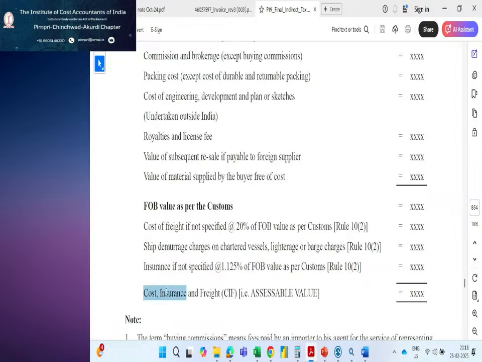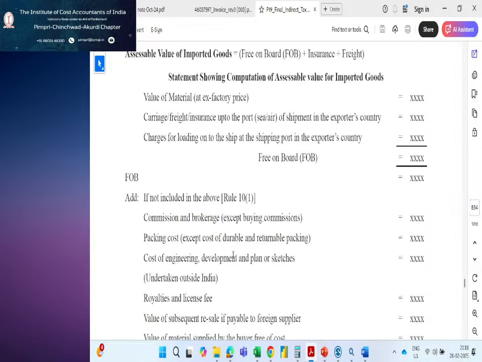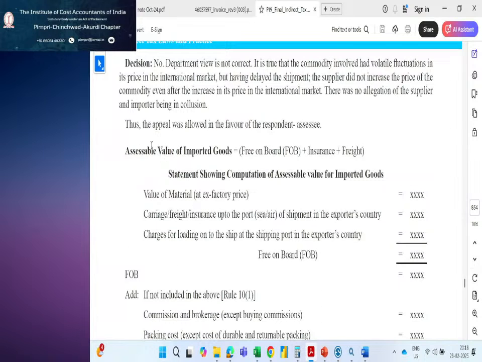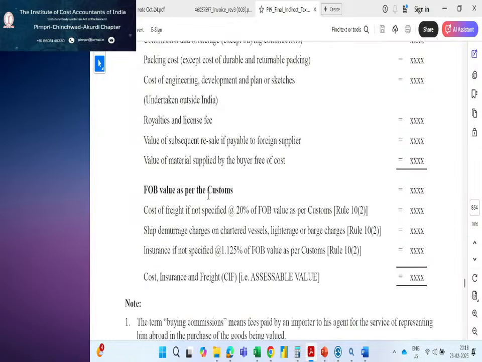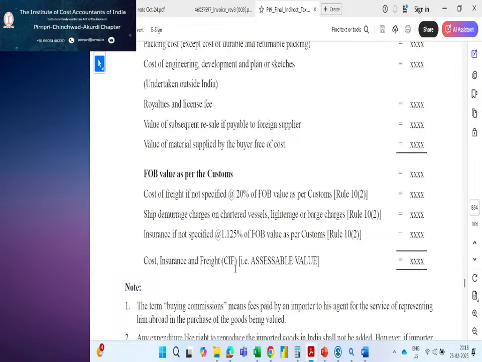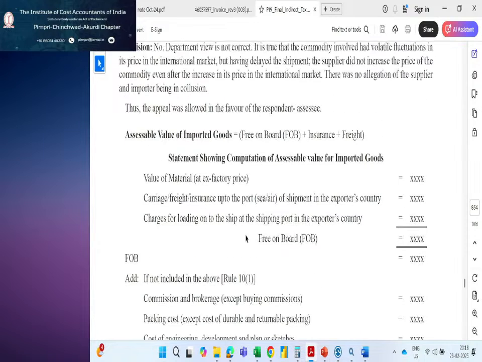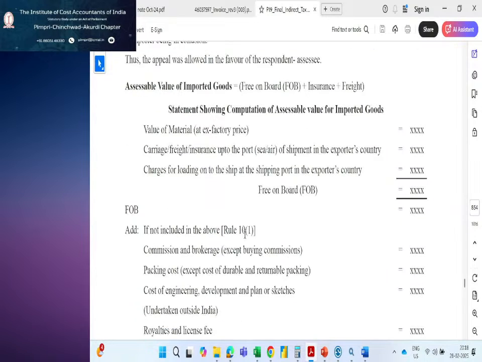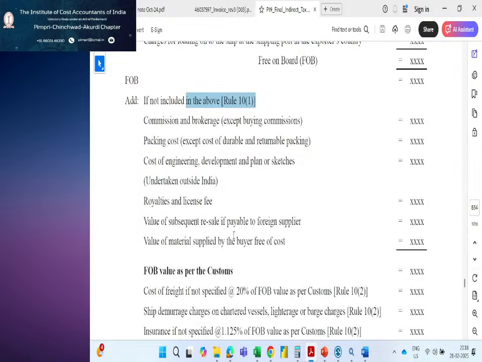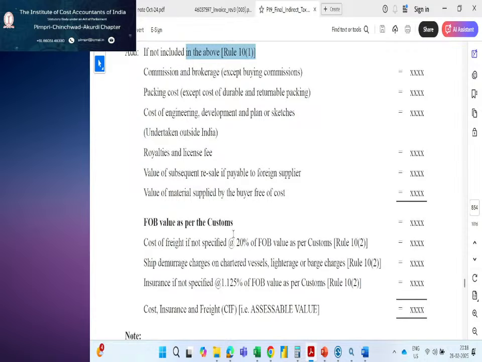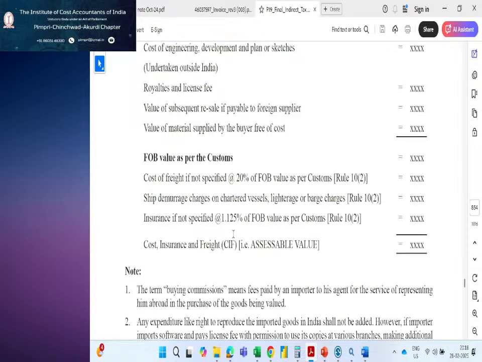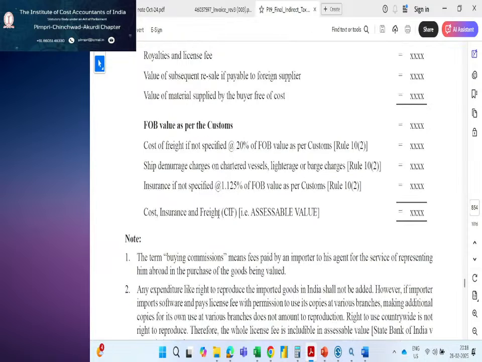Then finally we derive the CIF, which is the assessable value. So assessable value is cost, insurance and freight. We call it the assessable value. So this rule, rule 10(1), is very important. This valuation chapter's whole problem depends on this particular rule only.